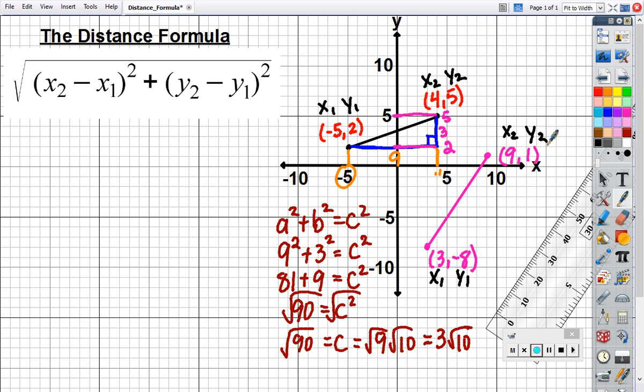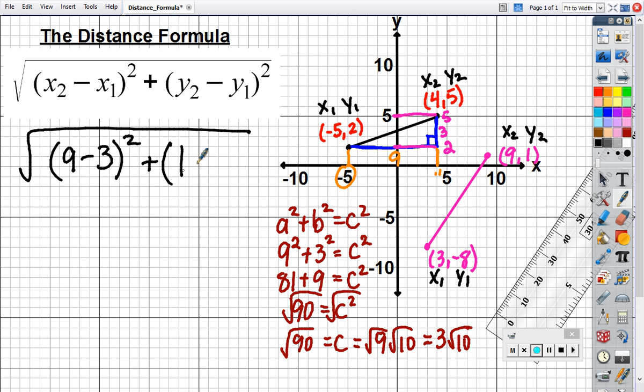Now I'm just going to plug this into my formula. Using the distance formula, the square root of (x2 minus x1) squared plus (y2 minus y1) squared, and I'm taking the square root of that whole thing. The square root of: 9 minus 3 is 6, and 1 minus negative 8 is 9. I forgot a parenthesis there, my bad.